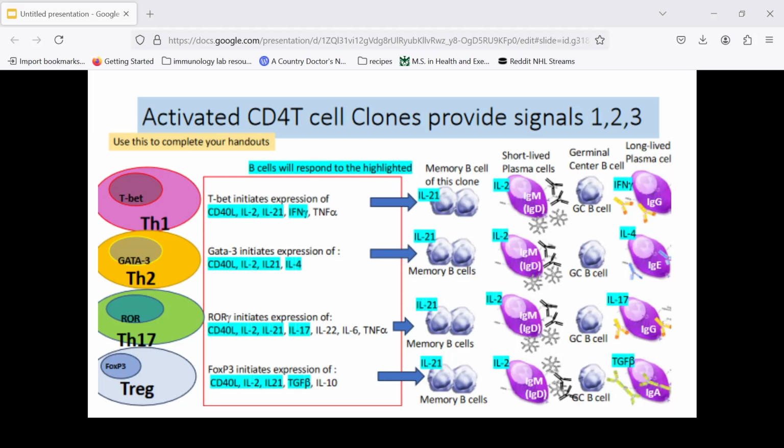For CD8 T cells, they also have that presentation, and this is from a dendritic cell. The reason that dendritic cells are going to be presenting to CD8 T cells is because they have the ability to cross-present. So we care about dendritic cells because of their ability to do epitope presentation on MHC2 and MHC1.